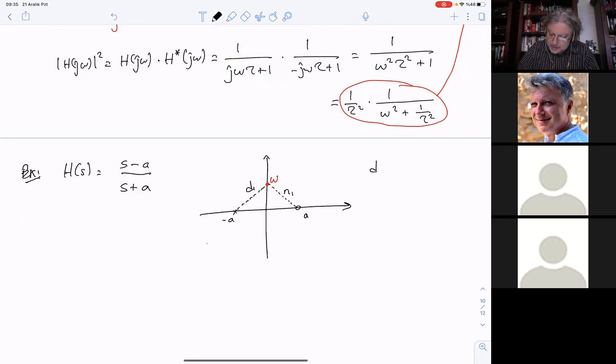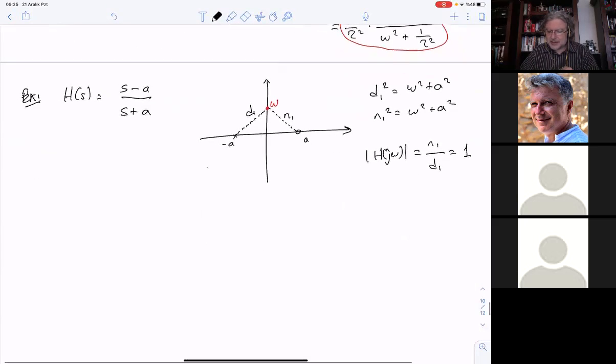So d1 square is omega square plus a square, and n1 square is also omega square plus a square. So the magnitude of H of j omega is equal to n1 over d1, I'm writing it wrong before, which is equal to 1, or c times 1, which is c.